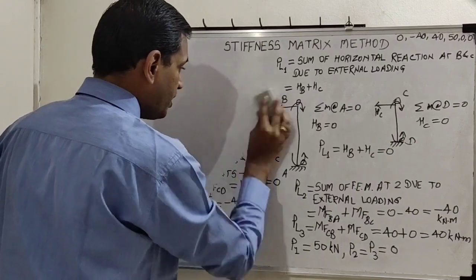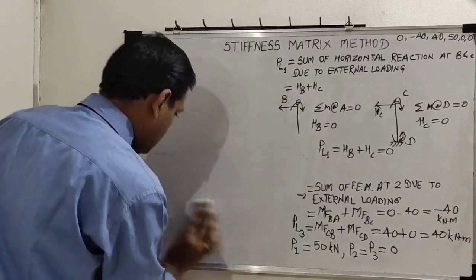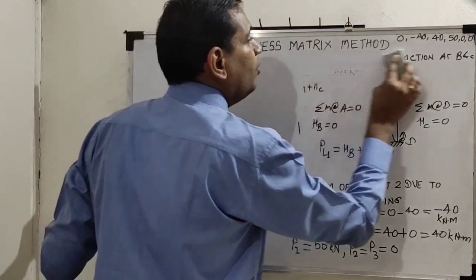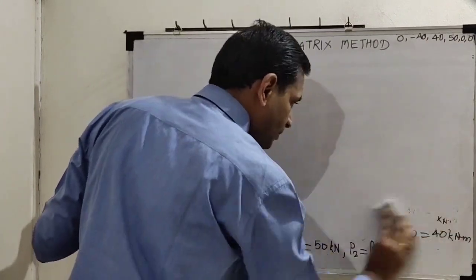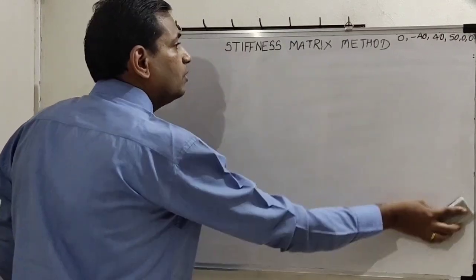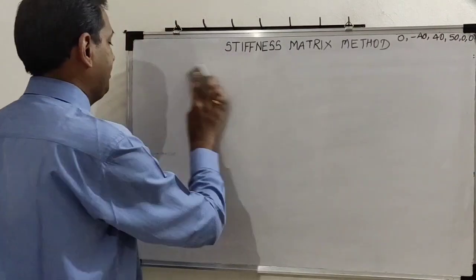So now we will apply our first unknown as unit value, which is linear displacement on joint B. So we are allowing the frame to undergo sway.